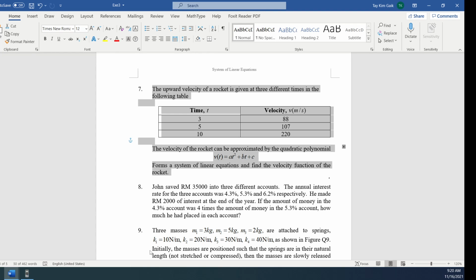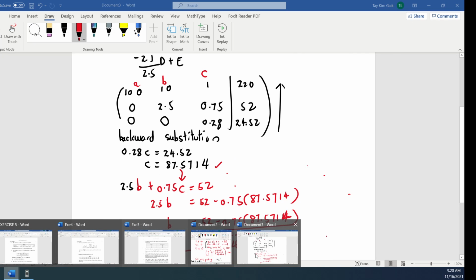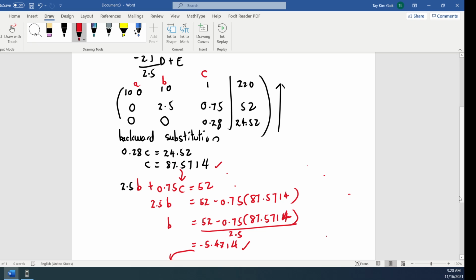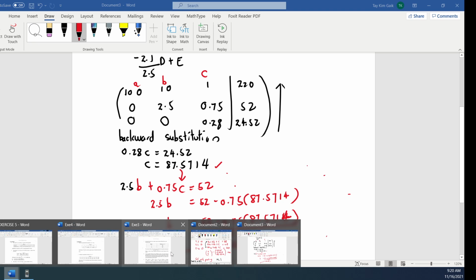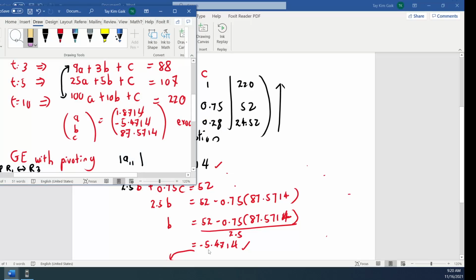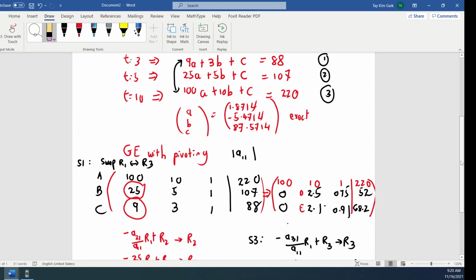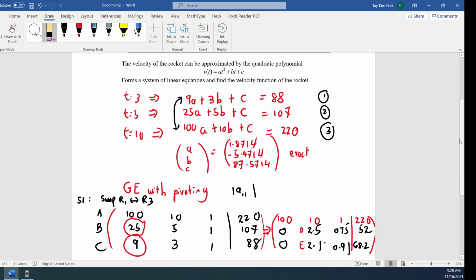If using a numerical method, then for the Gauss elimination method, you can just directly eliminate without swapping rows. If only Gauss elimination, you can directly eliminate 25 and 100 here without swapping rows.